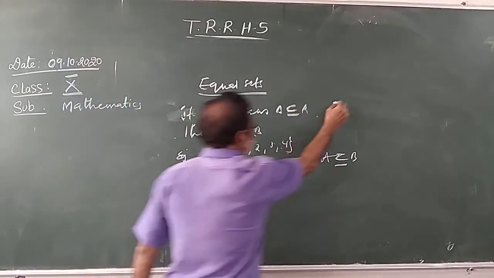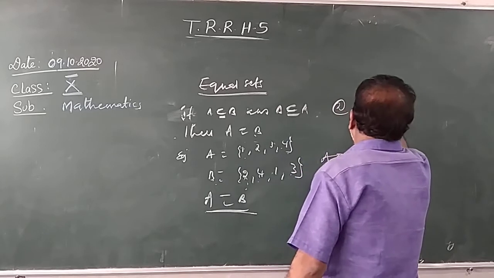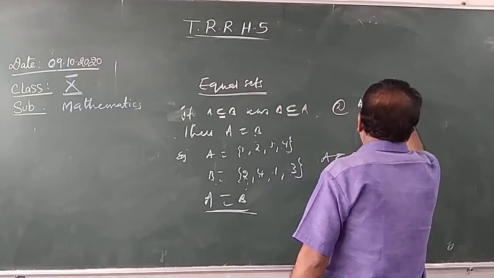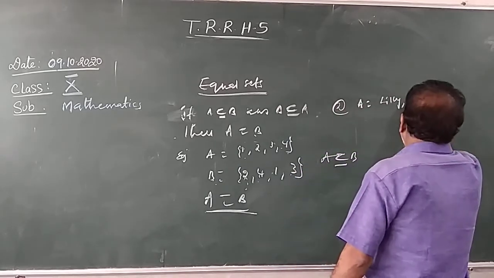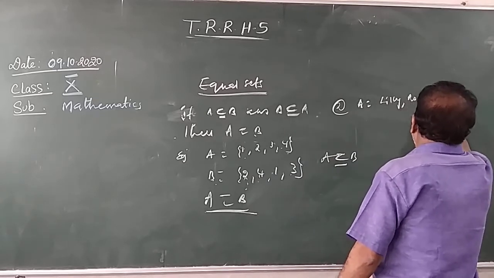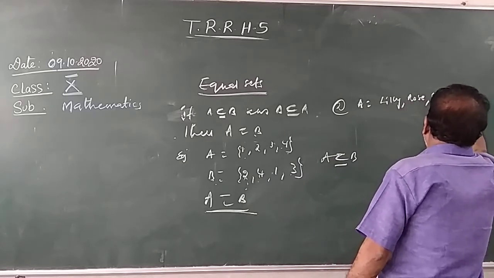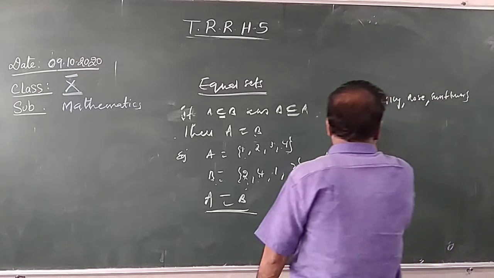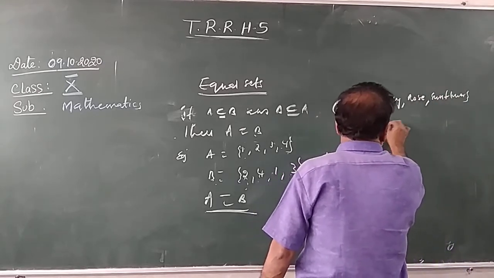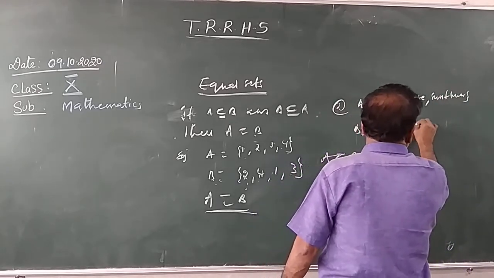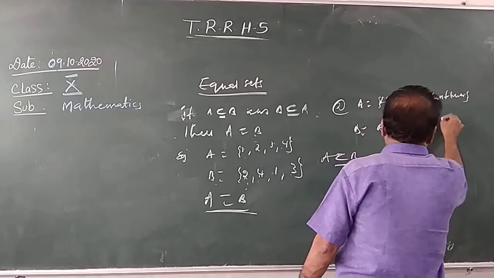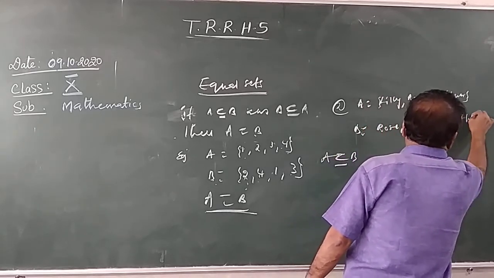One more example. A equals {lily, rose, sunflower}, B equals {rose, lily, sunflower}.